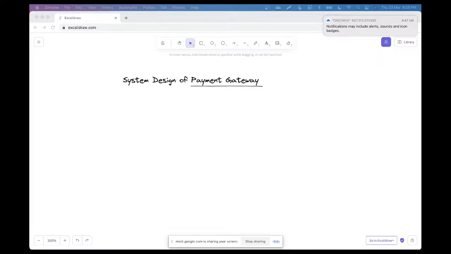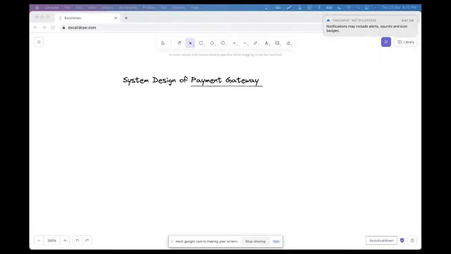Paytm is another independent private application, or any other payment gateway, which could be Google Pay or PhonePe. They will also have a similar scenario. They do support UPI, but they are basically a payment processor.